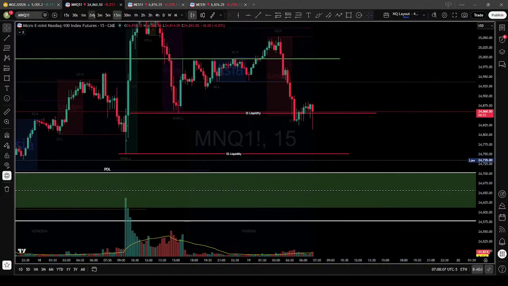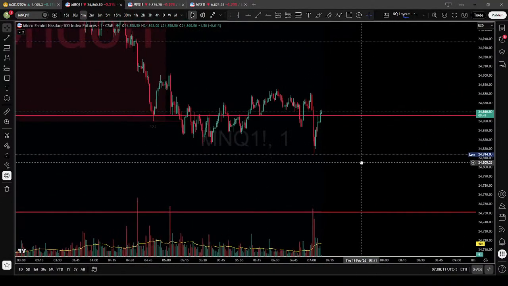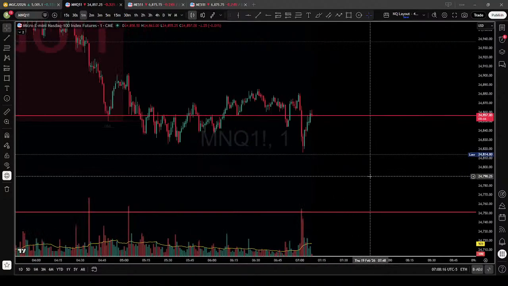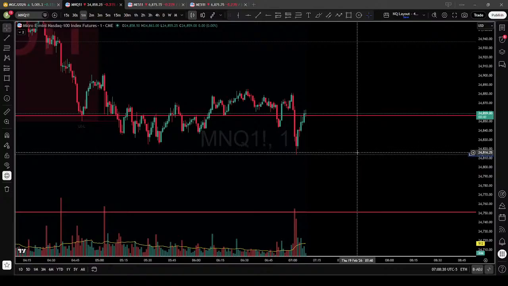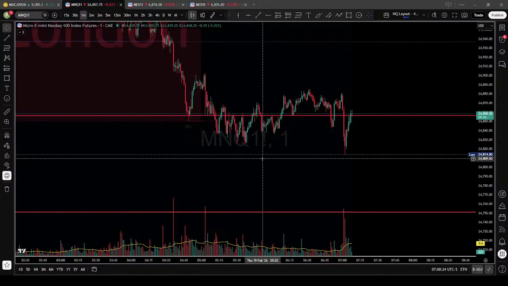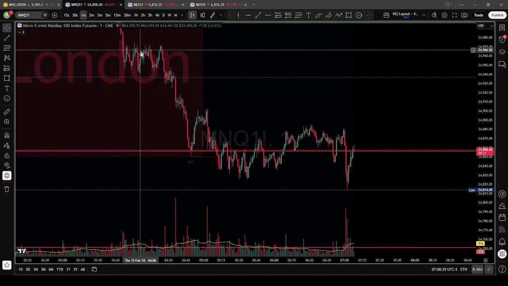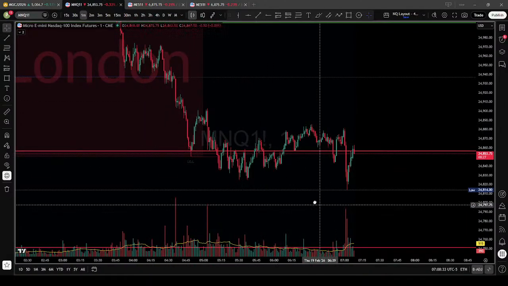Okay, let's move on to 1 minute time frame. So what is actually happening? The price in London session is moving pretty good. It's accumulating for a while, moving downside.